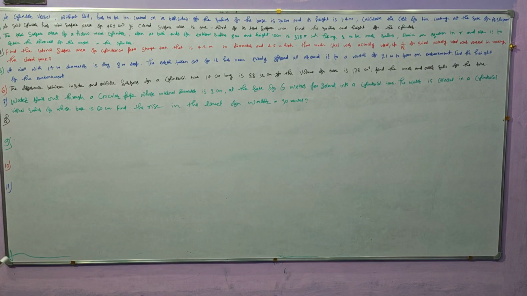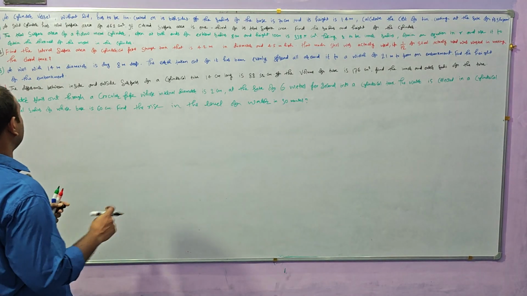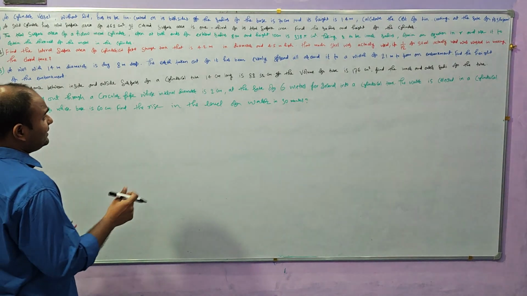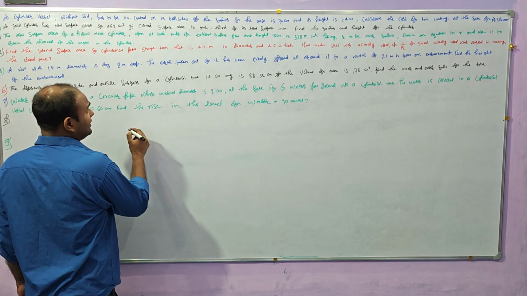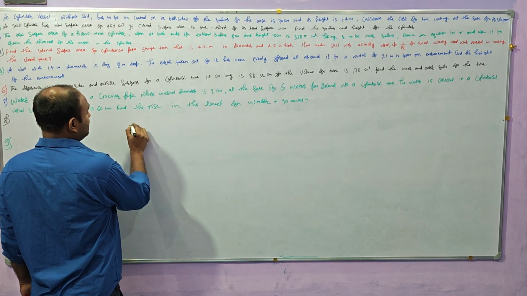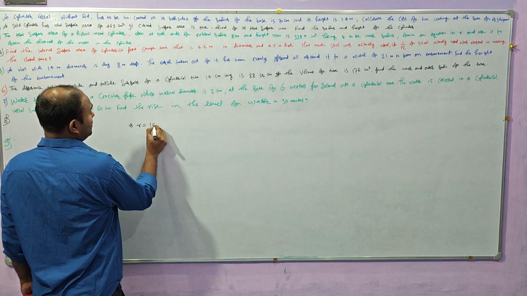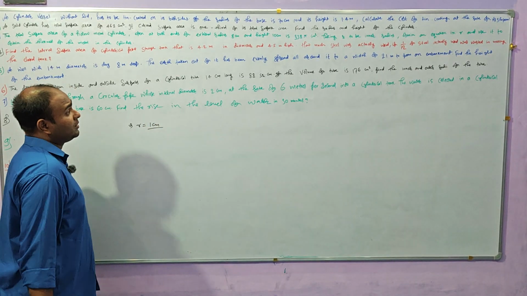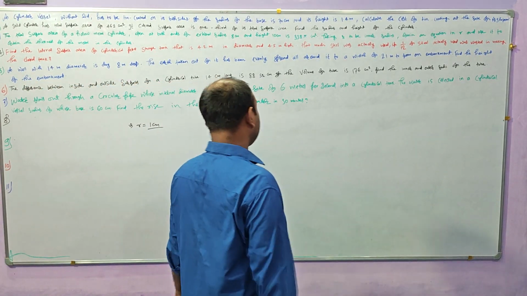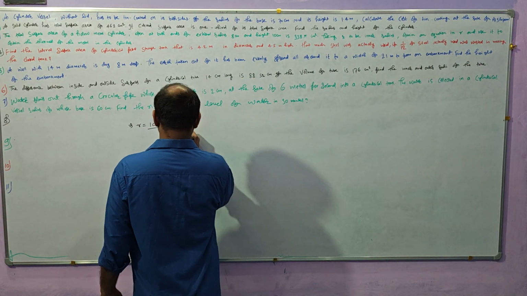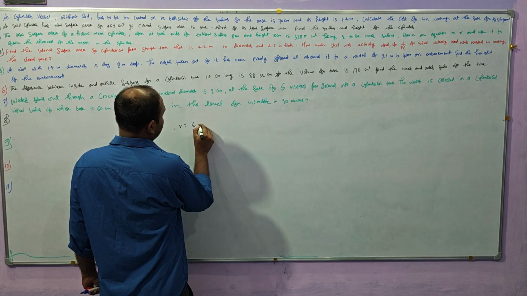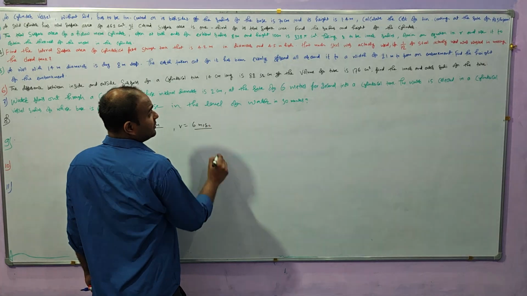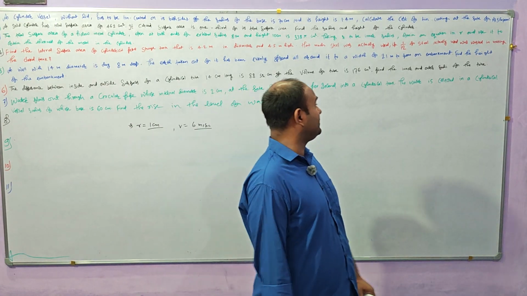So we have the pipe dimension, circular pipe, internal diameter is 2 centimeter. That means we have r is equal to 1 centimeter, and at the rate of 6 meter per second, so v is equal to 6 meter per second into a cylindrical tank.